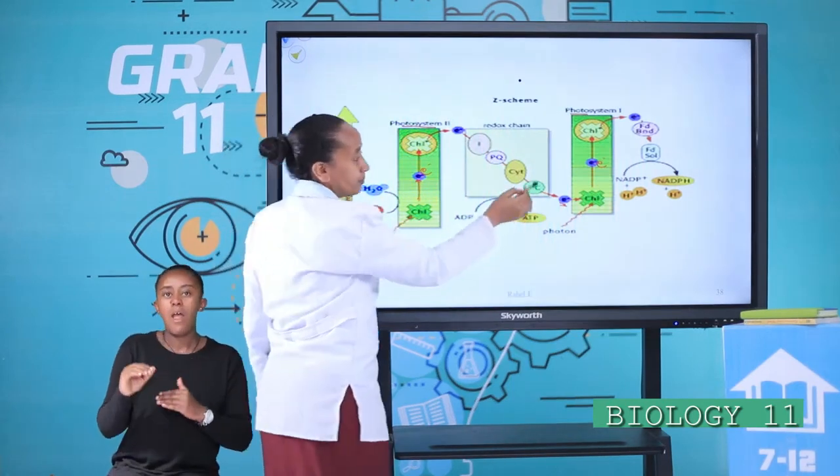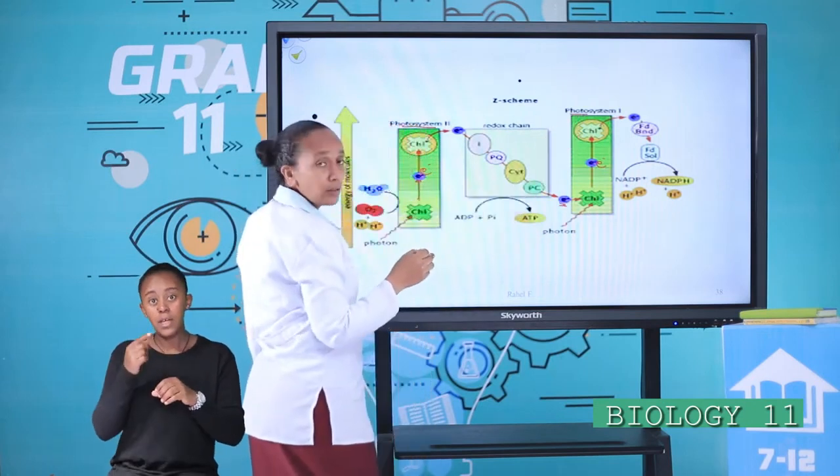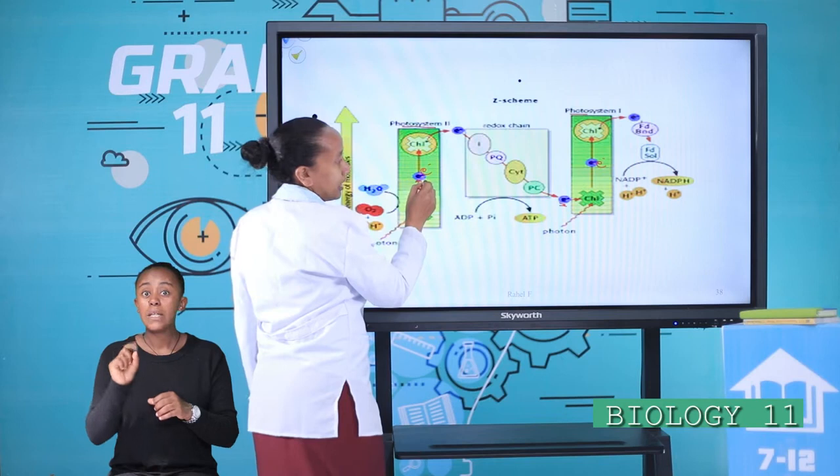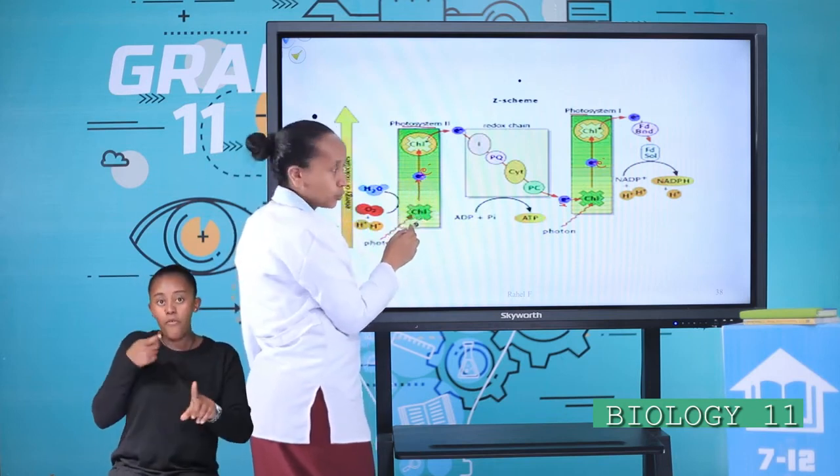This electron shortage for the case of photosystem 1 will be covered by the electron that is lost from photosystem 2.